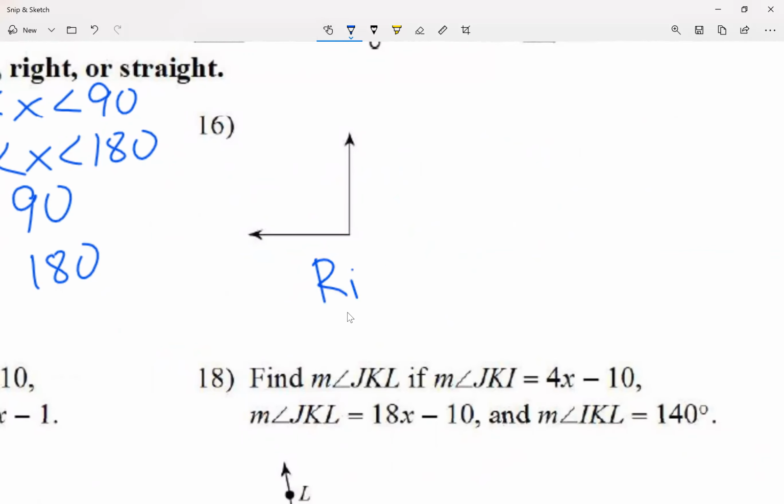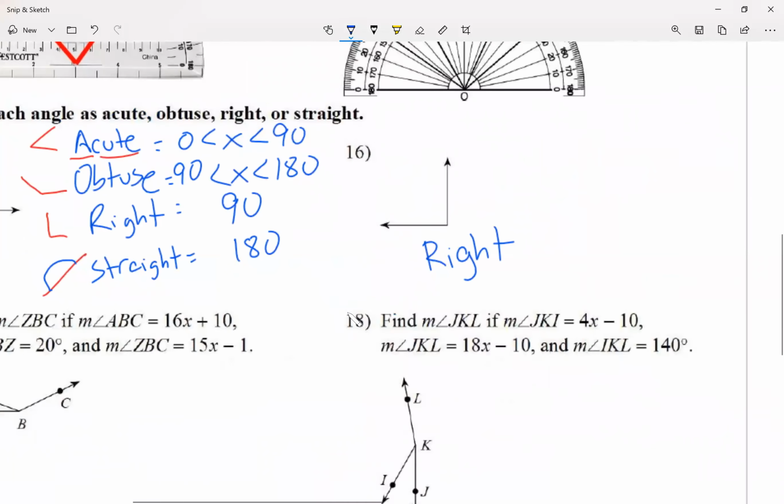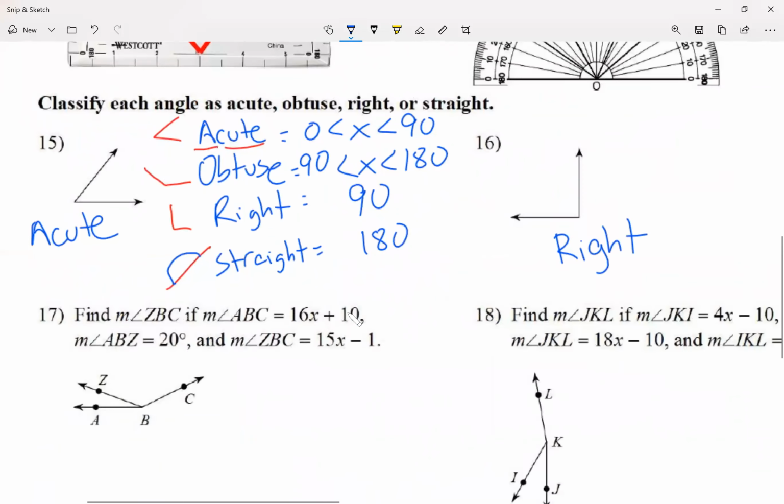I'm going to call that right. We could measure it, right? We could grab a protractor to find out the measurement, but just by taking a quick glance, we can have an idea. For an acute angle, I don't need to know the exact number. As long as it's more than 0 and less than 90, I don't really care what exact number it is.